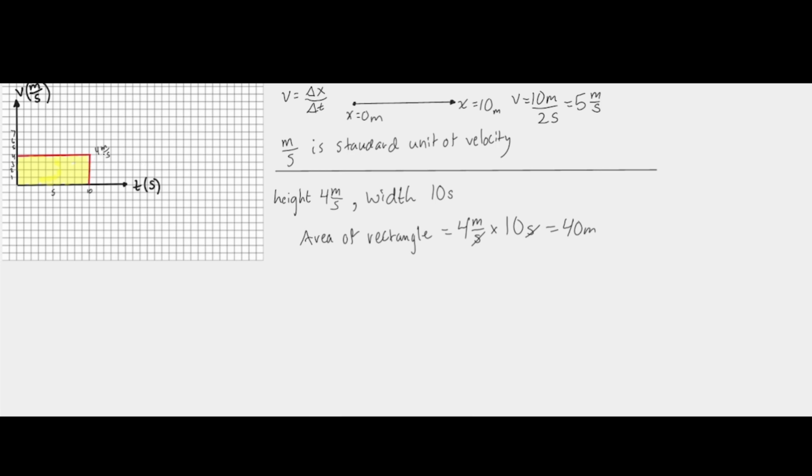You might say, well, that's pretty simple. It's just a rectangle on the graph. But what we're going to see is when we introduce acceleration, acceleration is changing velocity. Here we can see the velocity stayed constant at 4 meters per second during the entire 10 seconds. If we introduce acceleration, then velocity is not going to be constant, meaning it'll be changing. Say, for example, like this straight line.